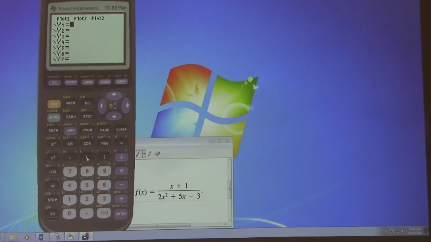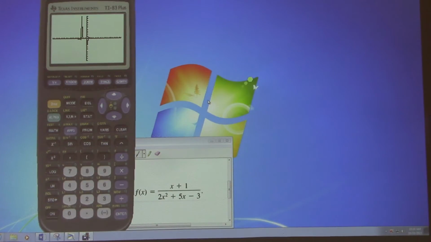So, parenthesis, x plus 1, close parenthesis, divided by, open parenthesis, 2x squared plus 5x minus 3, close parenthesis, graph.